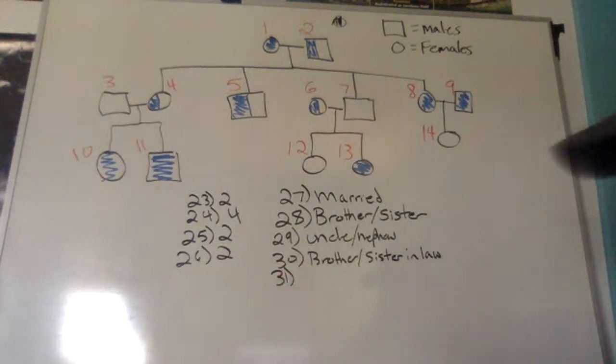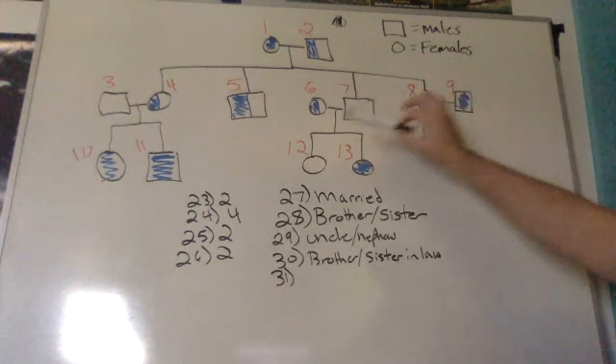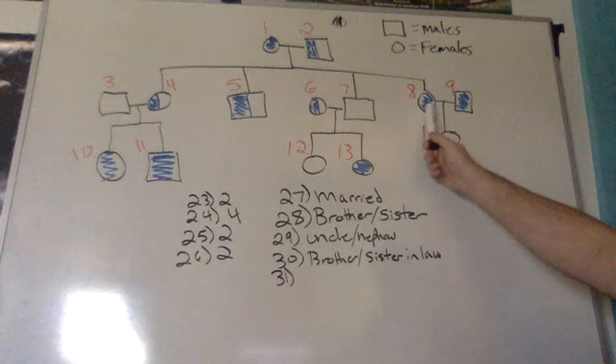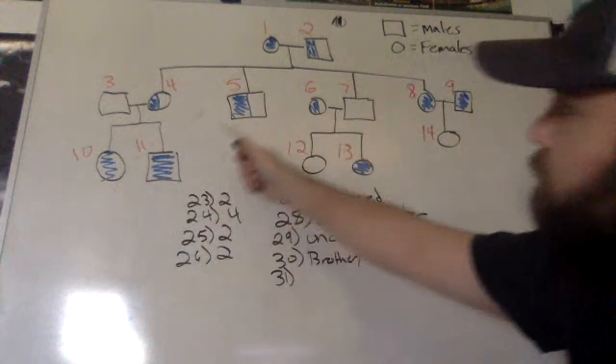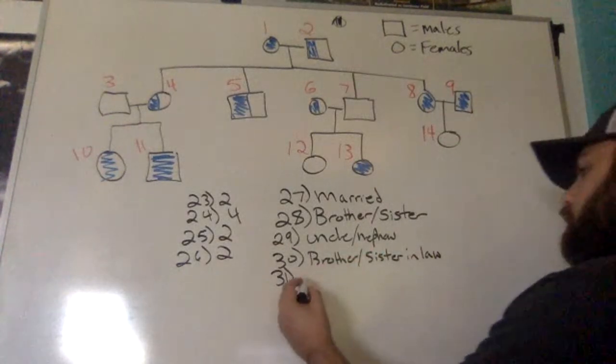All right. So number 31. How are number 8 and number 10 related? 8 and 10. Okay. So again, it's going to be a female and a female. That's your mom's sister.